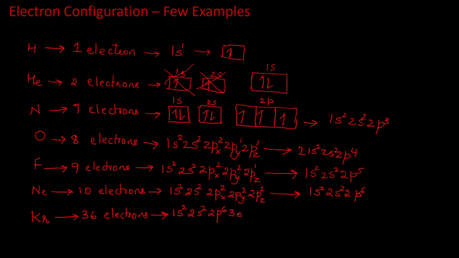Then we write 3s2, 3p6, then 3d should get filled, but that does not happen because 4s has lesser energy, so 4s2 gets filled. Then comes our 3d 10 electrons. After 4s 3d gets filled, and after 3d it is the 4p electrons.